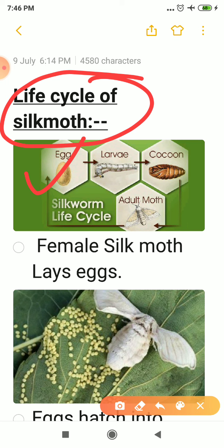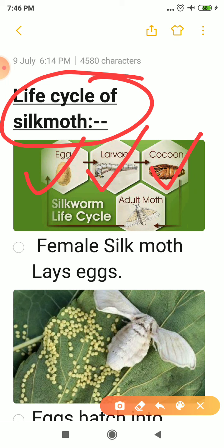In the second stage, the egg is hatched and the larva comes out. In the third stage, the larva prepares a cocoon and closes itself inside. In the fourth stage, from that larva, the adult silk moth emerges.